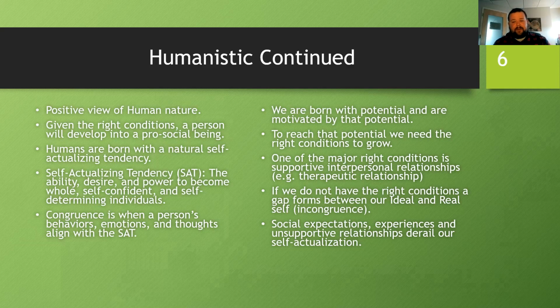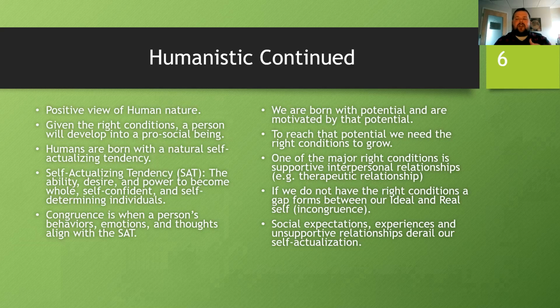If we do not have those right conditions, then what can form is a rift in the congruence of our thoughts, feelings, and behaviors. What happens is we split between the real self, our potential, and this ideal self of what we think we should be. Rather than relying on what we are, we develop this ideal of what we should be.